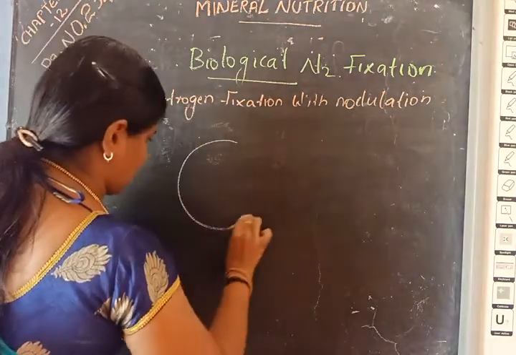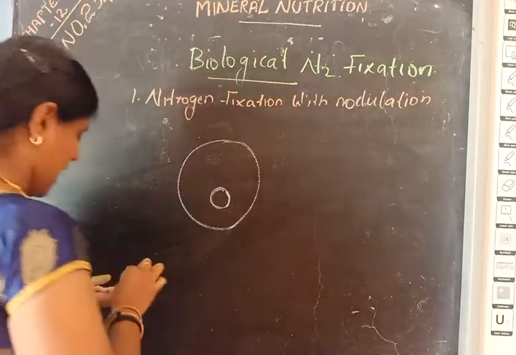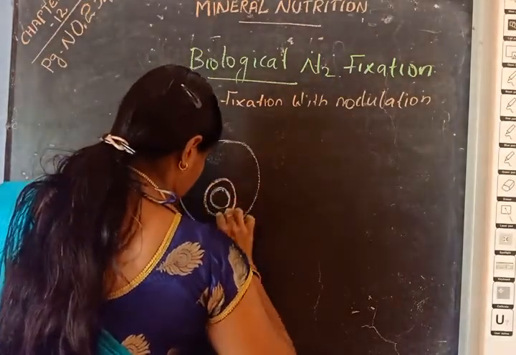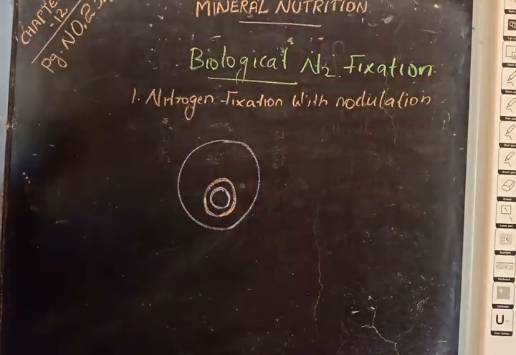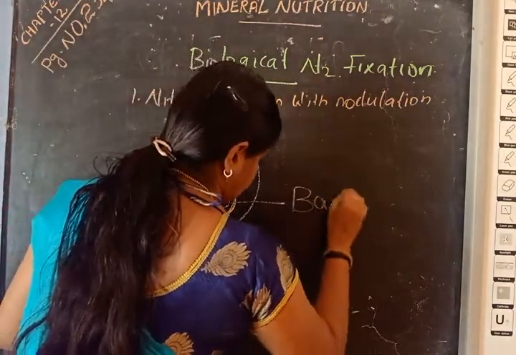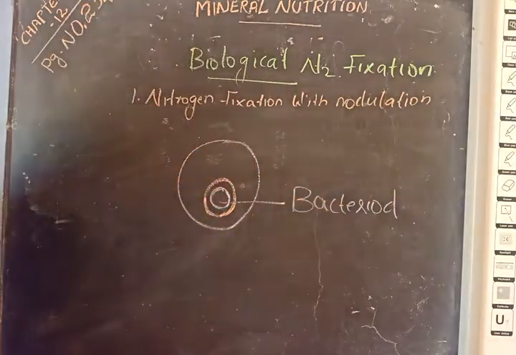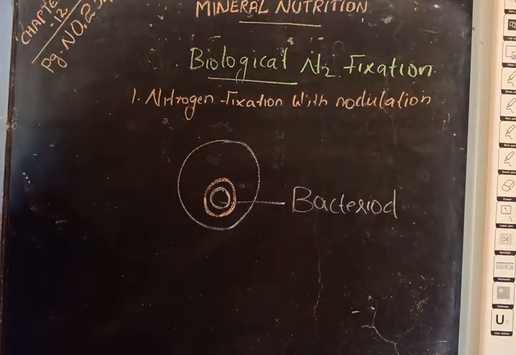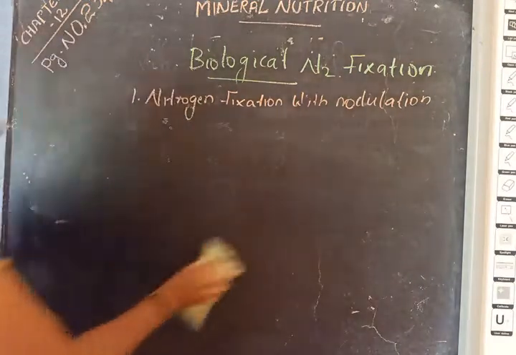If you consider this is the root cell, the bacterium enters into the root cell and produces its own membrane. So this is called bacteroid.